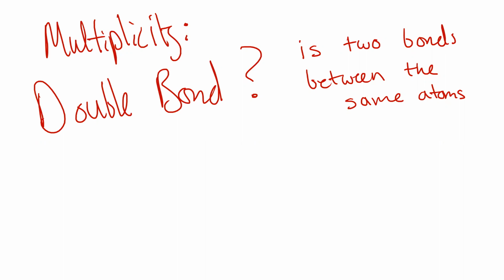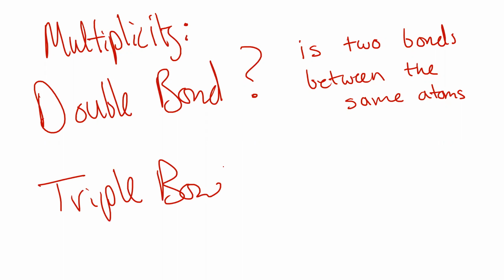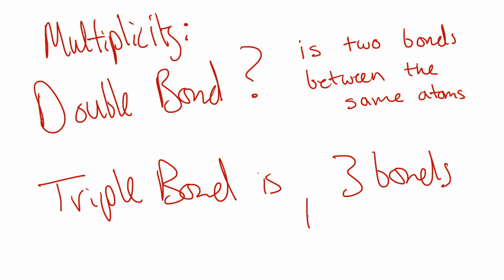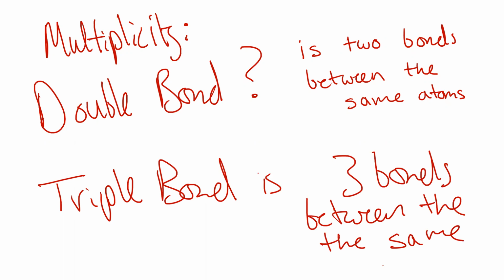It's a difficult thing to kind of grasp at first. It's simple and yet difficult at the same time. It's one of those paradoxical things. So a double bond contains two pairs of electrons shared between two atoms. Okay. Just like a triple bond is three bonds between the same two atoms.